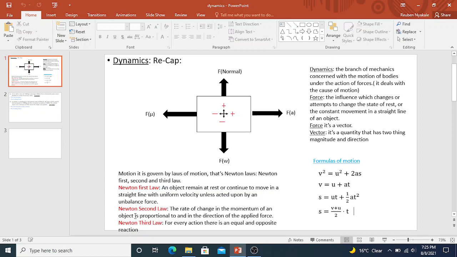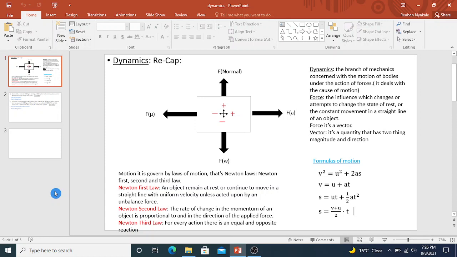Like I said, you can either use this definition or you can use Newton's first law and continue to say an object remains at rest or continues to move at a constant speed, unless an unbalanced or external force acts on it. Then the object will take the direction of the applied force. You can use that one as well. There's nothing wrong with it. They will give you full marks.